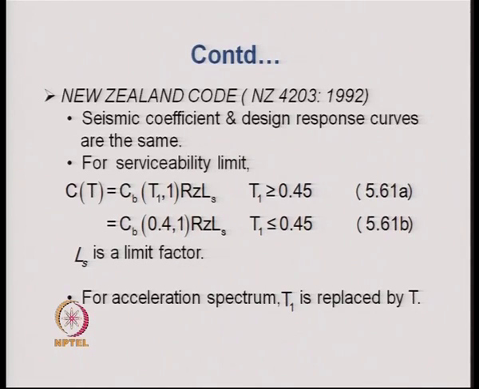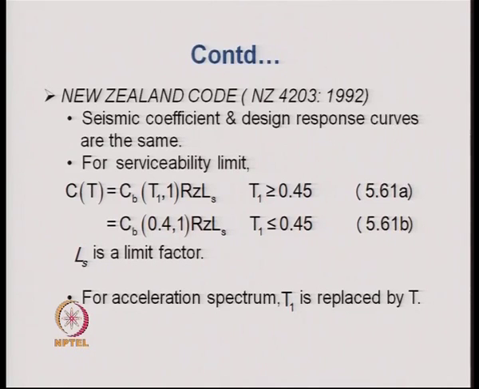Now, the R, Z and Ls are basically some factors. Z is the zone factor, Ls is a limit factor, and R is the reduction factor.